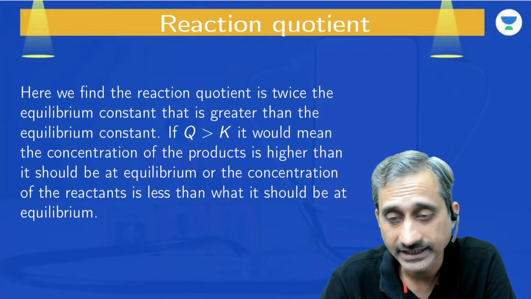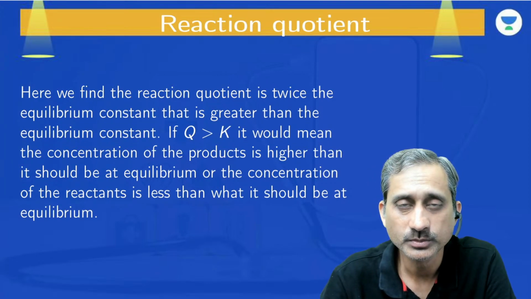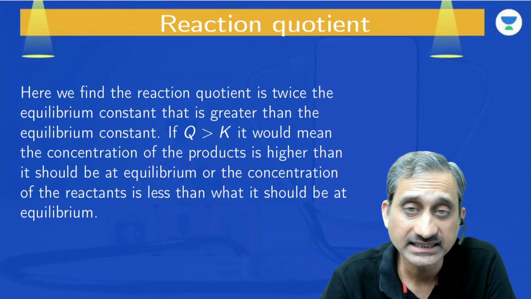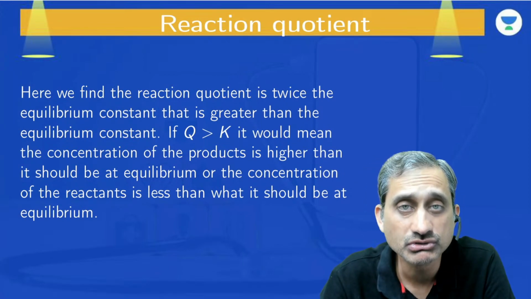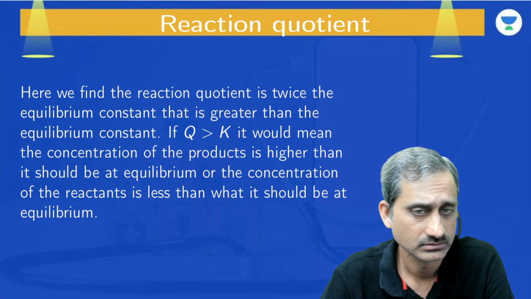Q is greater than K. The reaction goes backward. Backward would mean the concentration of products decreases and the reactant increases. So moles of the product is going to decrease and reactant is going to increase. The reaction is going to go in the backward direction.